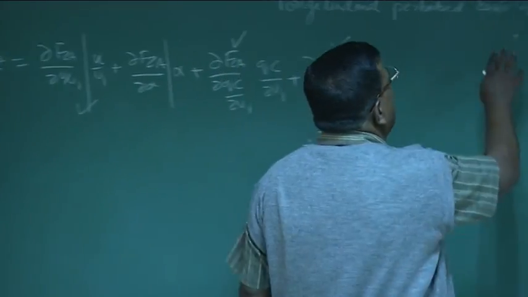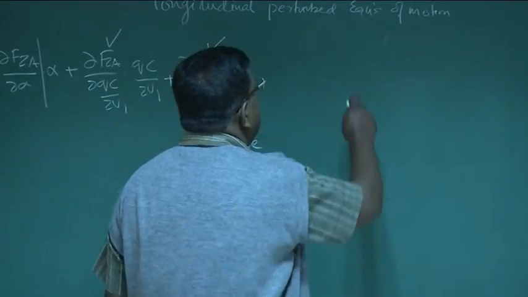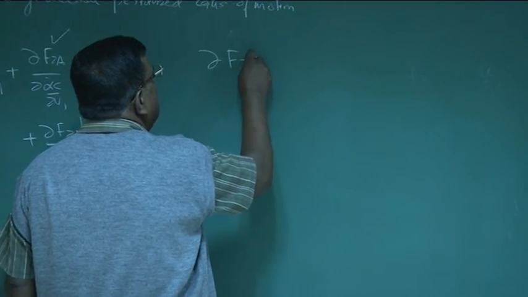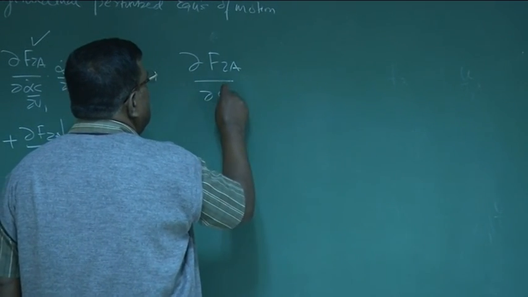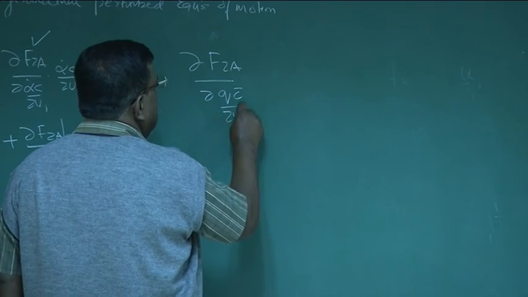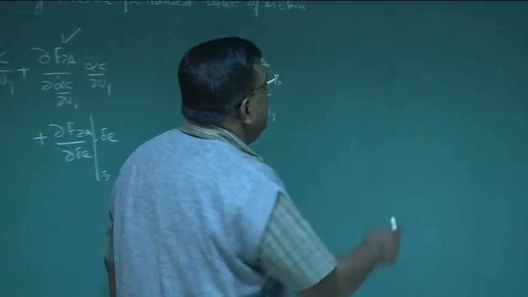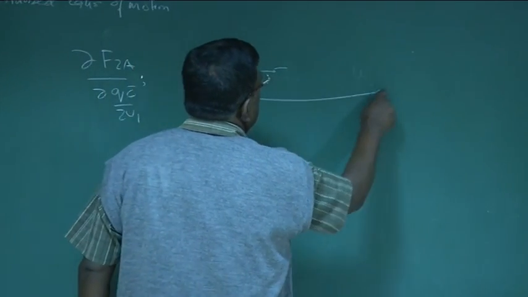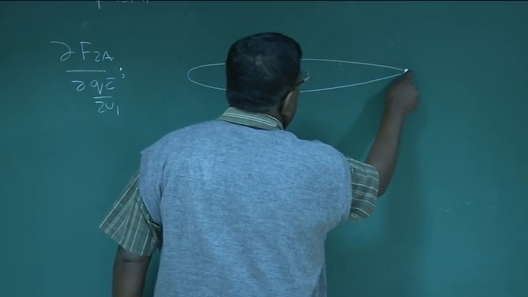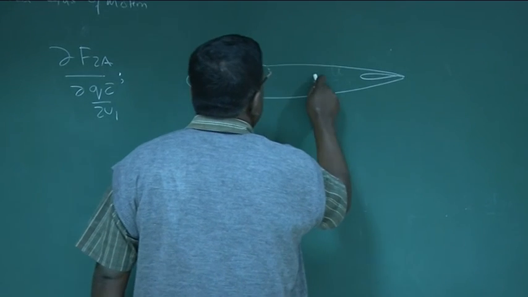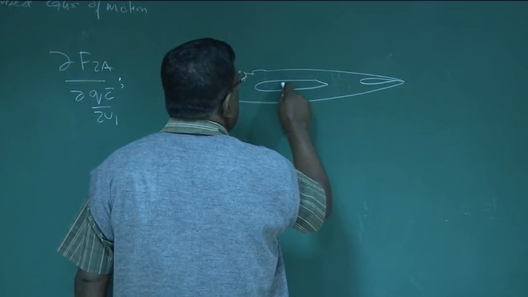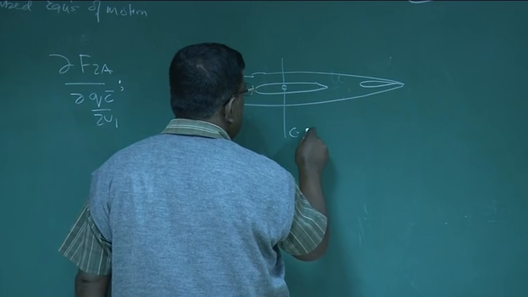I have already mentioned dFza by dQc by 2U1, but I will revisit it again. Let us check the airplane. This is the airplane, and this is the tail, and here is the wing, and let's say this is the CG of the airplane.